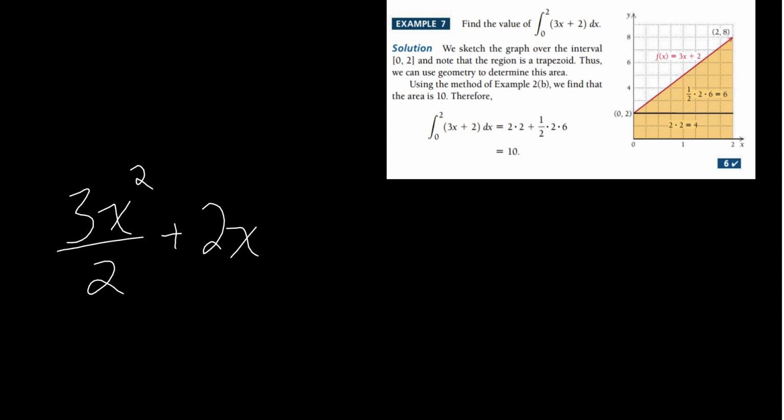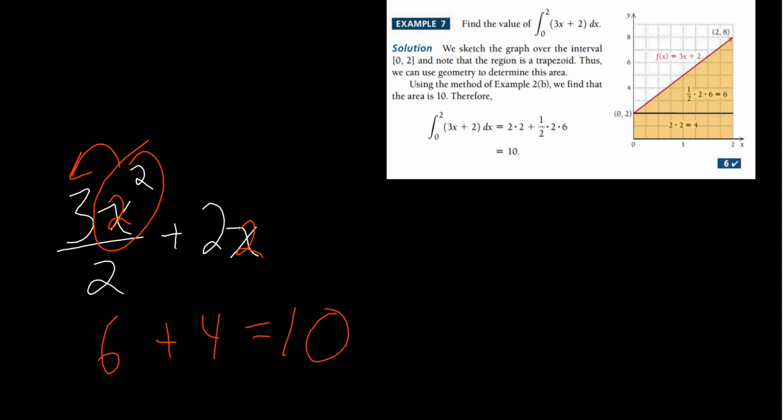So you plug in a 2 here: 2 squared is 4, 4 times 3 is 12, 12 divided by 2 is 6. Then plus 2 times 2 is 4, so 6 plus 4 is 10.